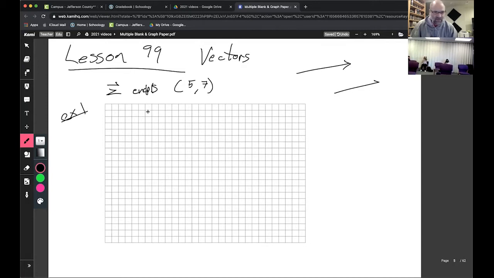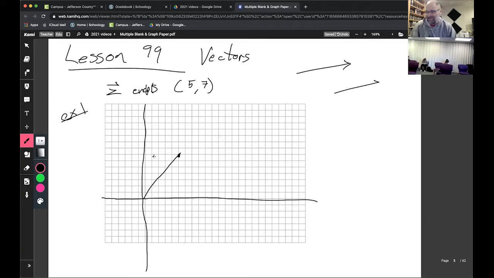So if I were to put a little graph here, oh, that's terrible, but oh well. So 5, 7, 1, 2, 3, 4, 5, 1, 2, 3, 4, 5, 6, 7. So here's what that vector looks like, okay?